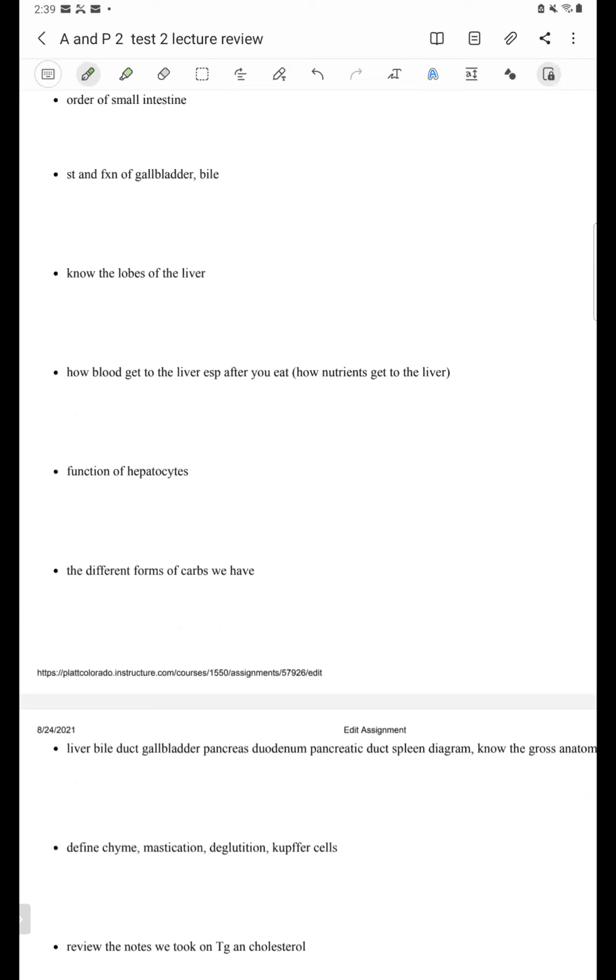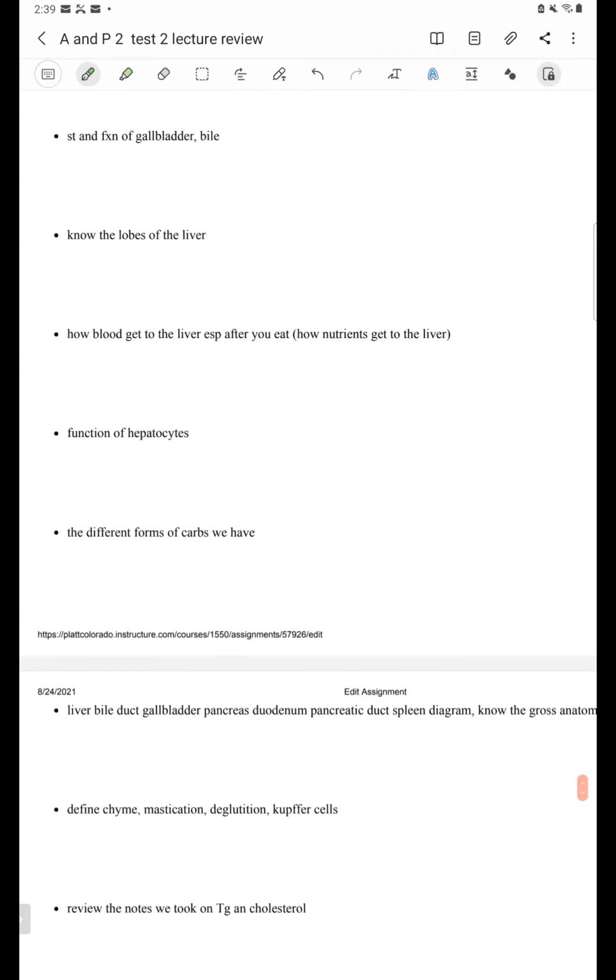Okay, the lobes of the liver. You have four of them: the right and left lobe, and then the caudate and quadrate lobe.